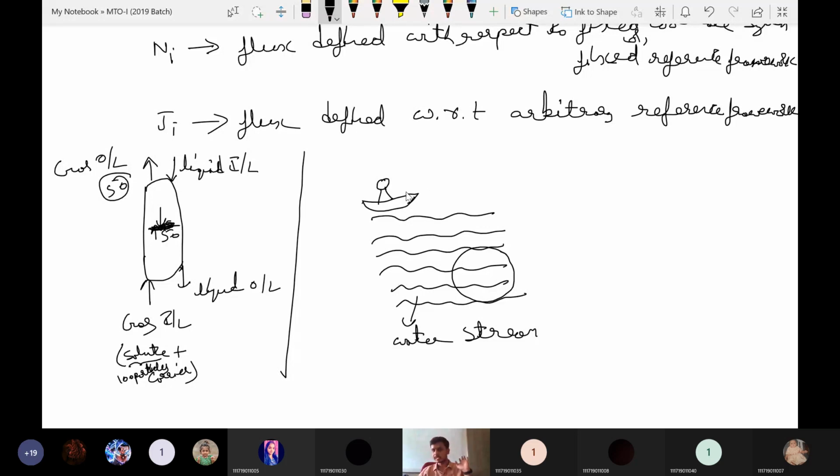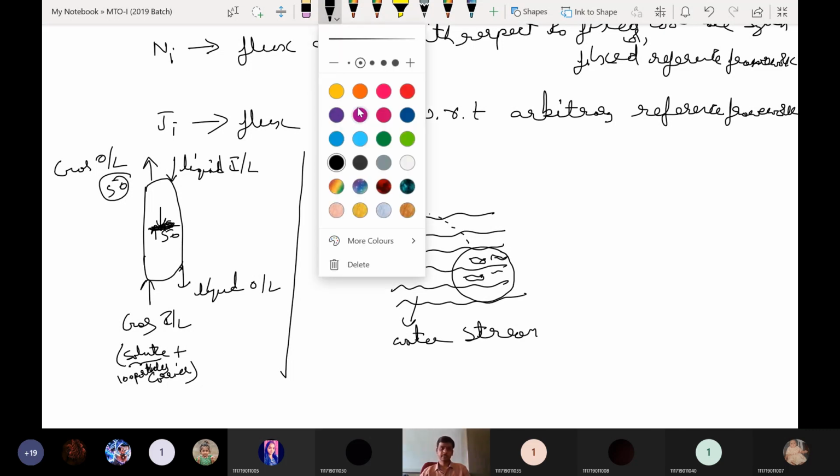There you are sitting on a boat, and you are observing with your naked eye the concentration of fishes, or how many fishes are coming into this control volume and leaving. For example, there are some fishes like this.